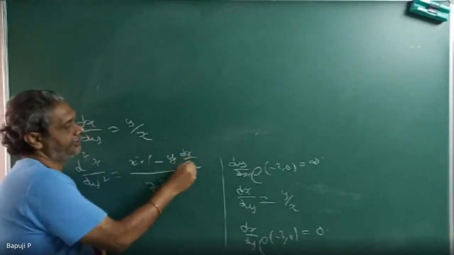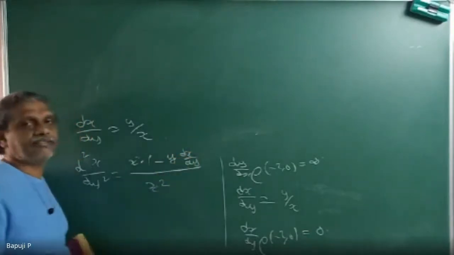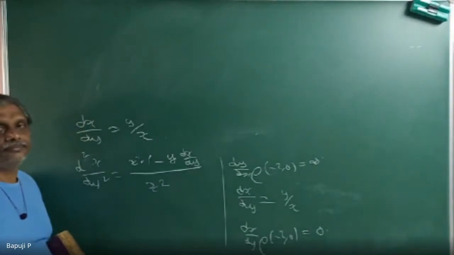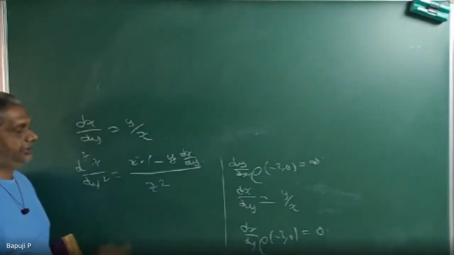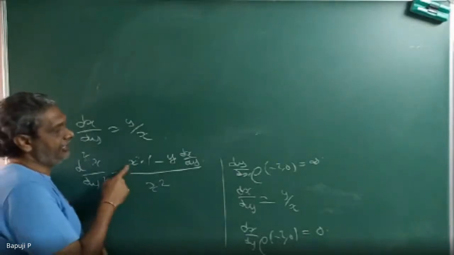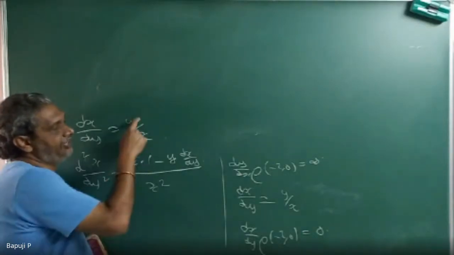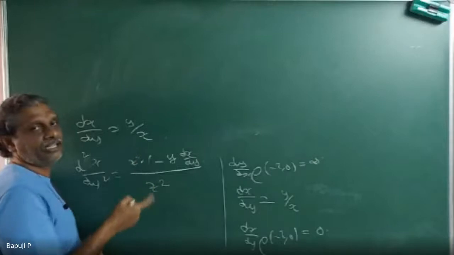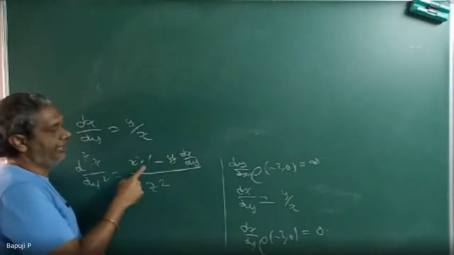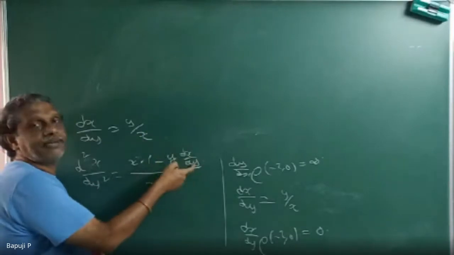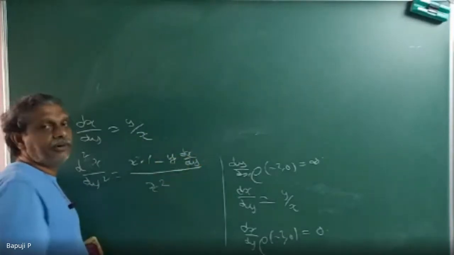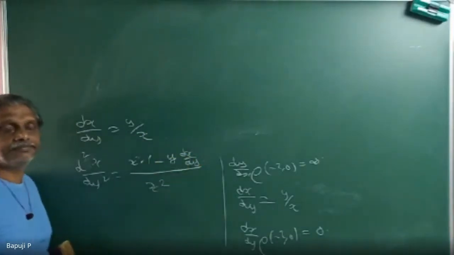Actually for y you have to write dy by dx, but here I am writing x as a function of y. So y1 minus y into x, I will write dx by dy. But dx by dy at that point is what? 0.